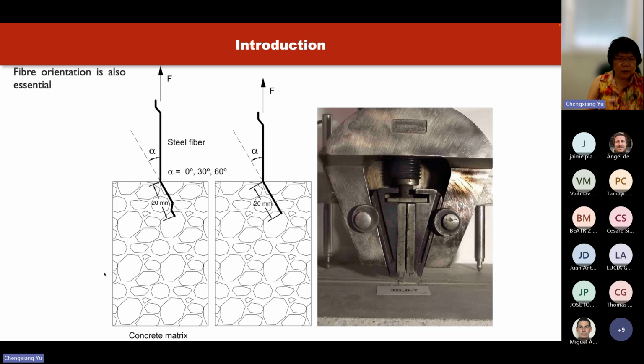And the other effect is the fiber orientation. So what we see here is the single fiber pull-out test, where the steel fiber can be oriented at different angles. In this case, the experiment was carried out by Elisa Manuel, at 0, 30, or 60 degrees.